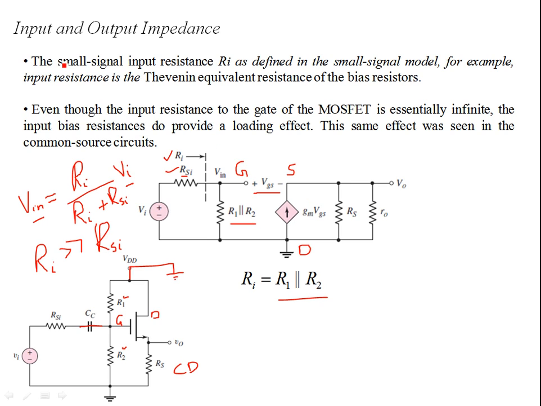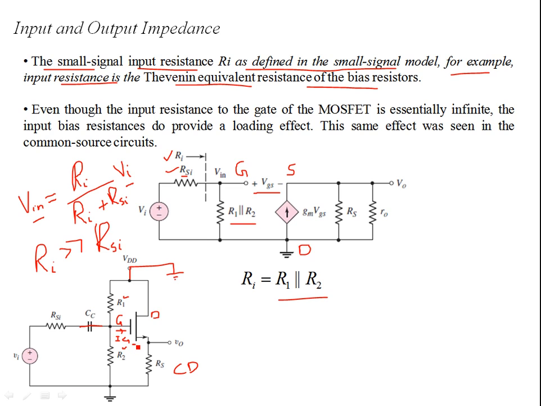The small signal input resistance Ri is defined in the small signal model. For example, the input resistance is the Thevenin equivalent resistance of the bias resistors. Also, since we have an insulated gate in the MOSFET structure, we ignore any gate capacitance, any capacitive reactance of the gate between the metal and the semiconductor substrate, and there's no input gate current.